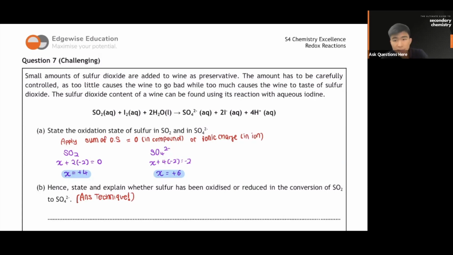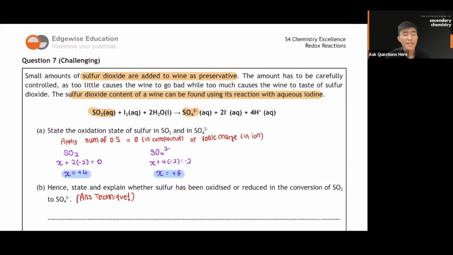In this question, we are given that small amount of sulfur dioxide are added to wine as the preservative. Sulfur dioxide content can be found using the reaction with aqueous iodine. So in this reaction, we are given that SO2 is actually transformed into SO4. You realize that this particular thing over here is not charged, which means a compound, and this thing over here, which is charged, is an ion.